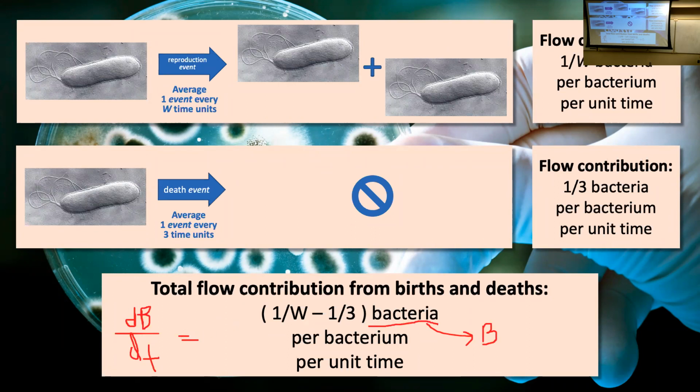So this is a mathematical model that we can now simulate in Excel, where we're writing an equation saying dB dt, the change in bacteria over time, is equal to the births minus the deaths per bacteria times the number of bacteria.